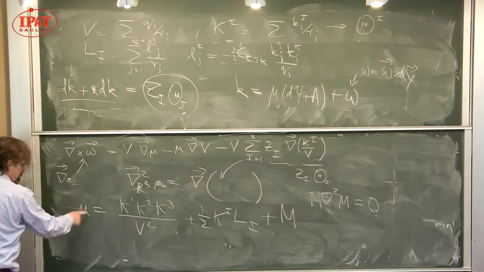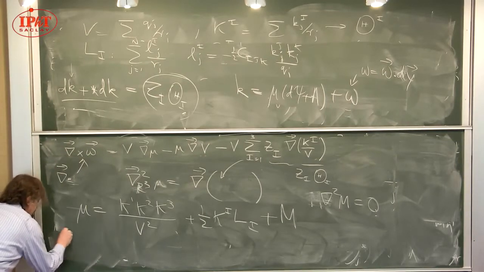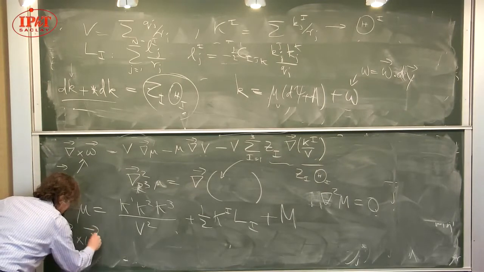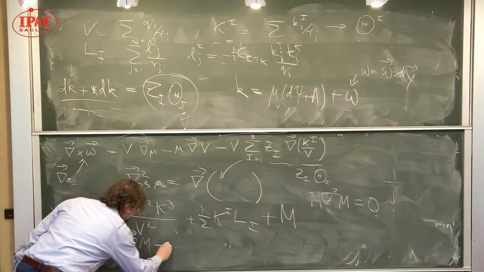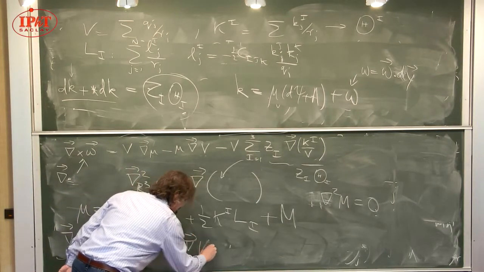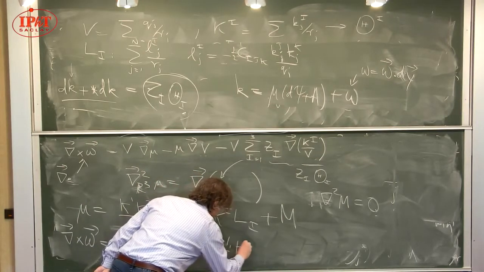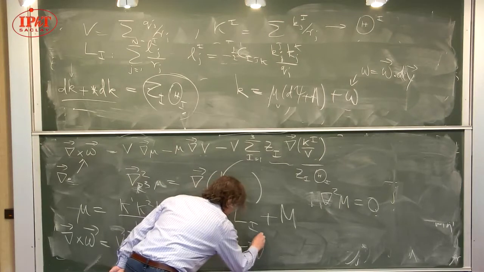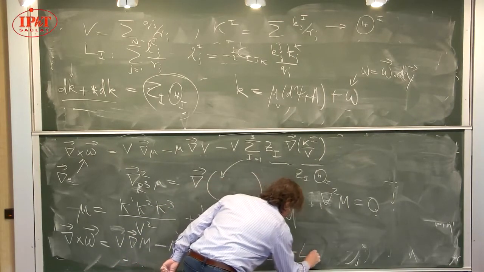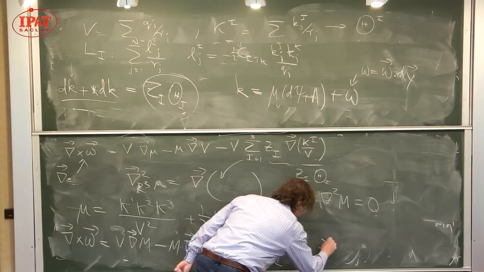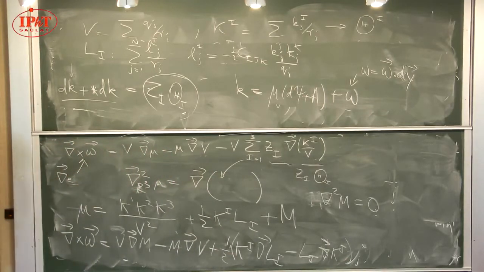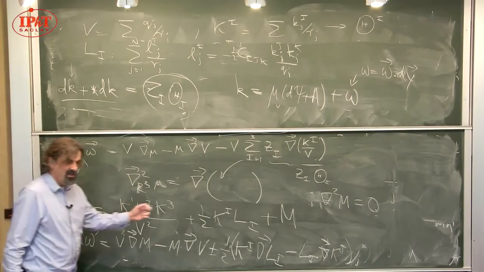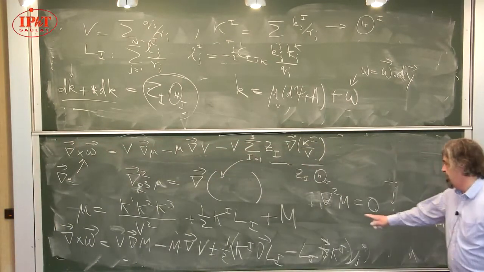And then once you put that solution back in, this equation collapses to something kind of nice, which is equal to V grad m minus m grad V plus 1/2 ki, I may have this the wrong way around, ki grad li minus li grad ki. It might be the other way around, so there's a plus or minus. The correct answer's in the notes. Okay, so here is explicitly the value of mu written out up to another harmonic function.